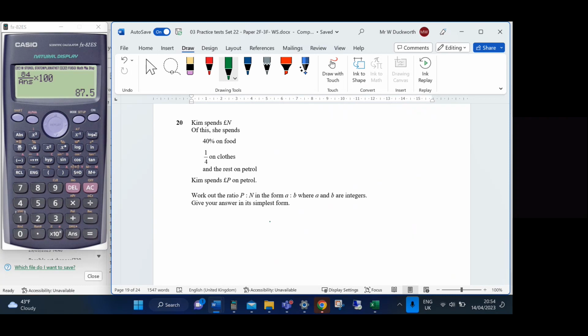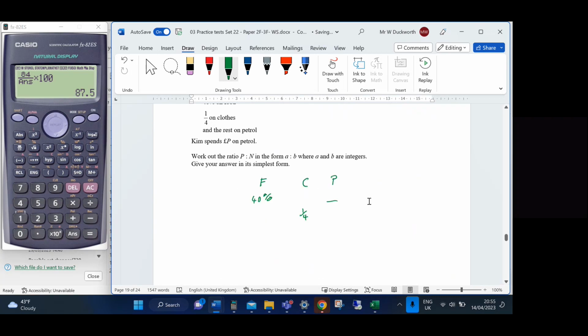Okay, so in effect, we've got three categories. We've got food, we've got clothes, and we've got petrol. So it starts off saying that that's 40%. It then says that that is a quarter, and we have not got petrol as a percentage first of all.